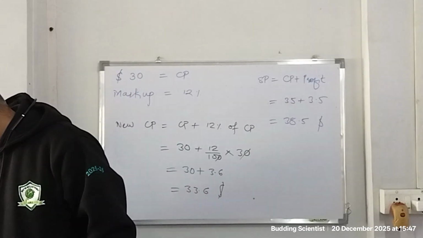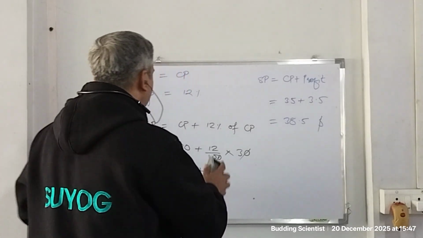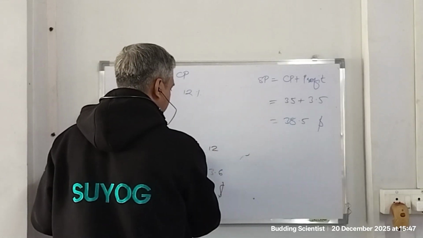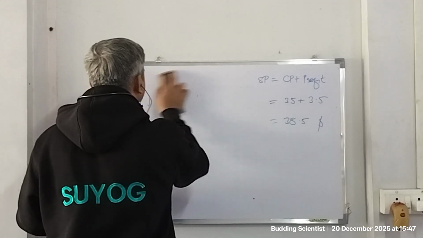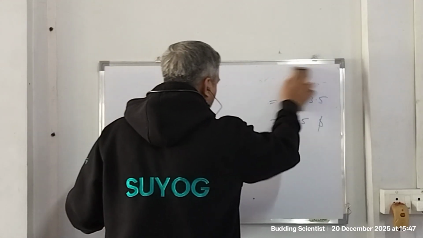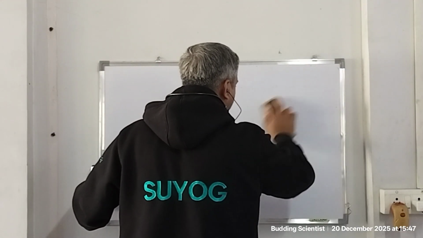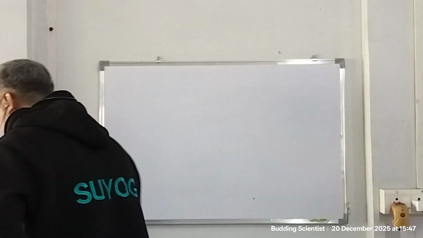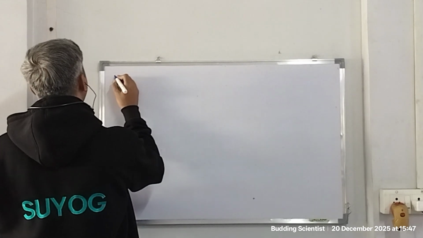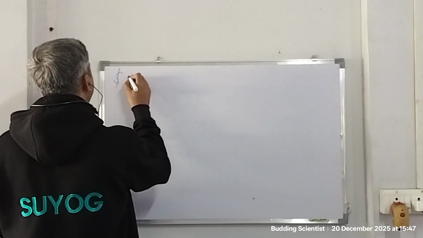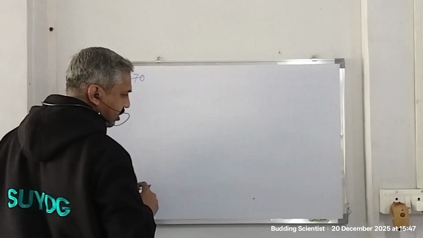So these are the basic problems based on profit, loss, concession, discounts. We'll take a couple more examples. A certain pair of jeans was available in a shop at $70.